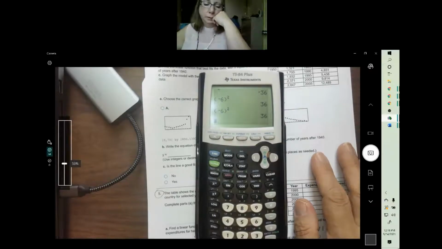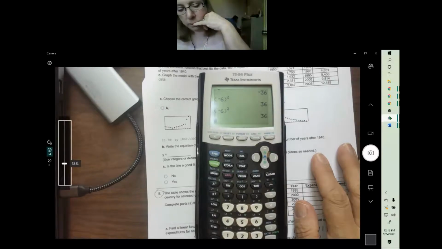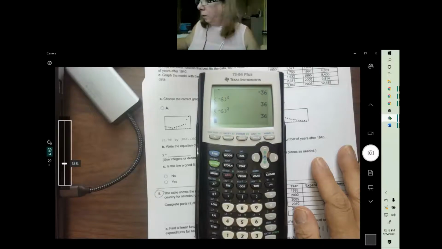Any questions on that? Where does this 6 come from? Okay. So x squared was a function.